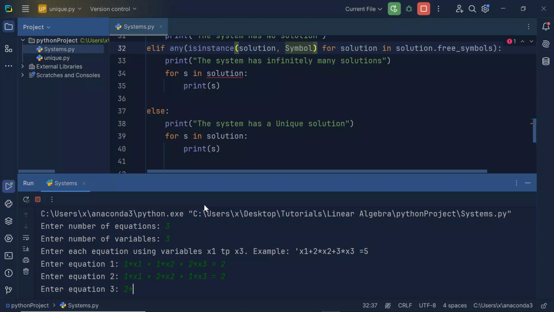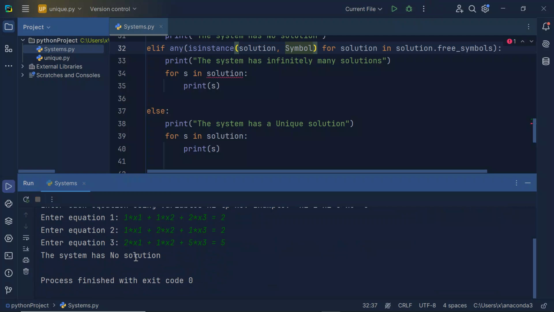And I have 2 times x1 plus 1 times x2 plus 5 times x3 should be equal to 5. Now if I hit enter to run this, I should have no solution, right? The system has no solution.